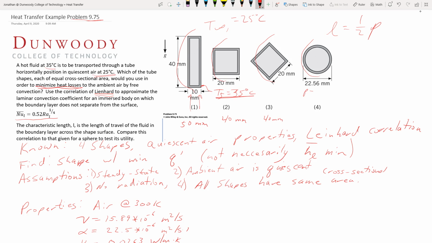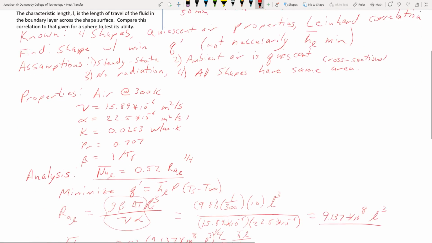My whole perimeter, P, is going to be pi d, so my half perimeter is going to be pi over 2 times d, which is 22.56. So what do we get for that one? We end up with 35.4 millimeters. So we're going to fill those in.